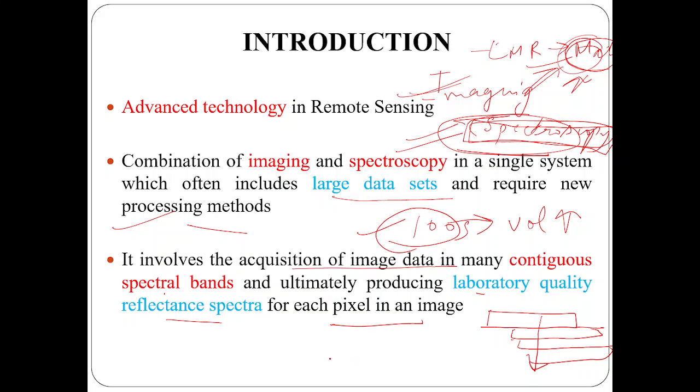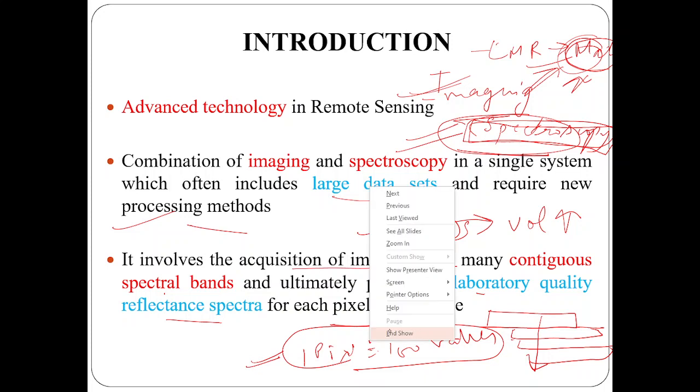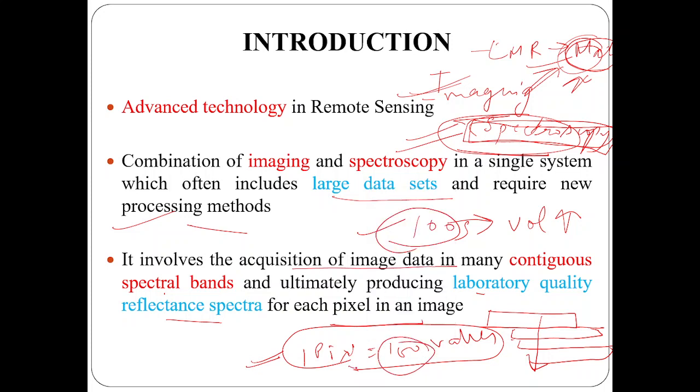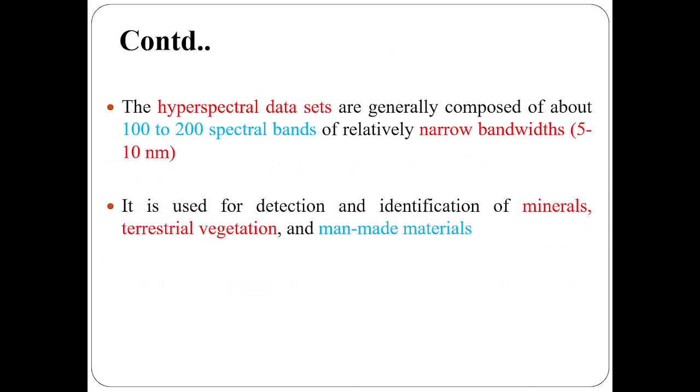If there are 100 bands, one pixel will have 100 values. So one pixel will give a very good reflectance spectra, with many values in different spectrum parts of EMR.